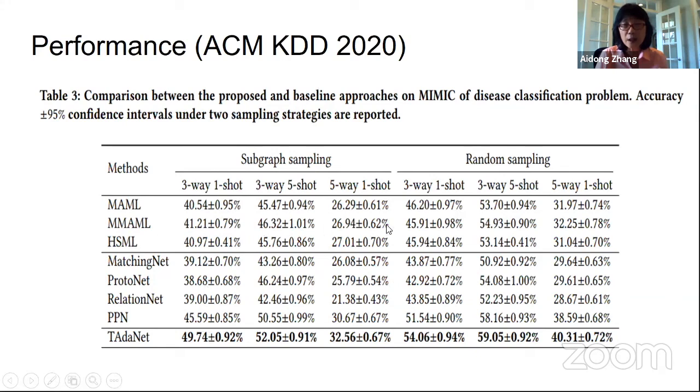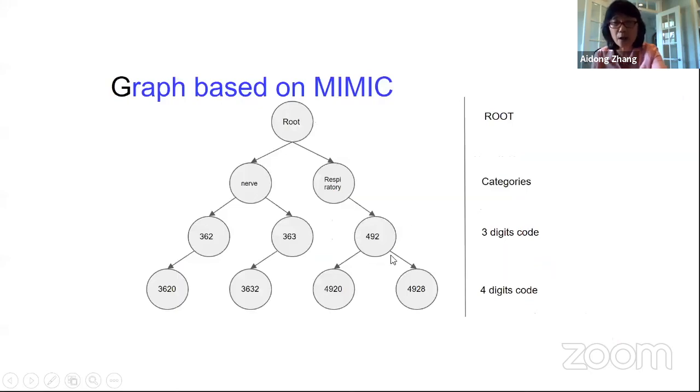This performance is much lower than the TCGA because the Mimic data is more diverse. So we experimented with subgraph sampling, meaning we only sample the tasks from the subgraph defined this way.